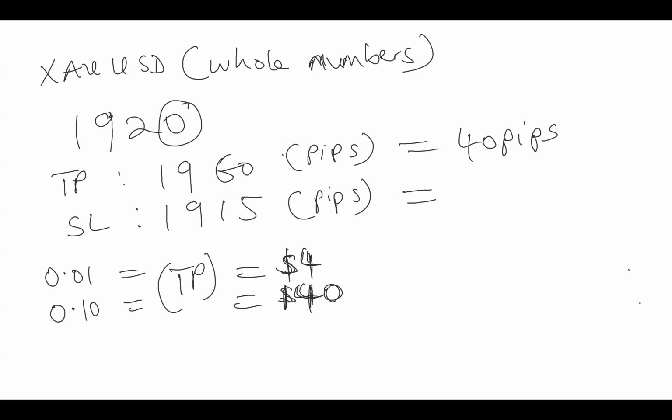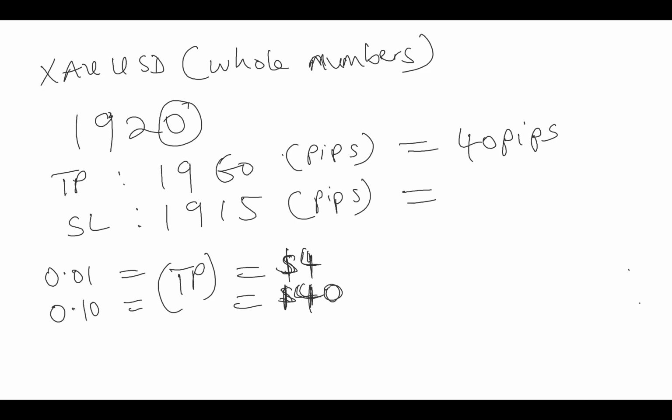I remember I said if you're using micro lot size, you're making 10 cents per pip. So 10 cents times 40 gives you $4 on 0.01. Then if you're using 0.1, remember you're making $1 per pip. So with 40 pips, it's $1 times 40.